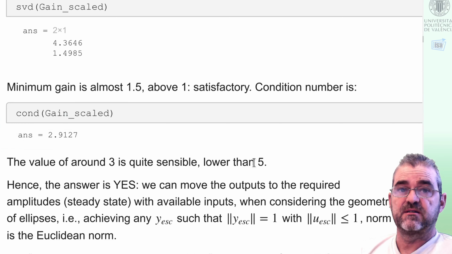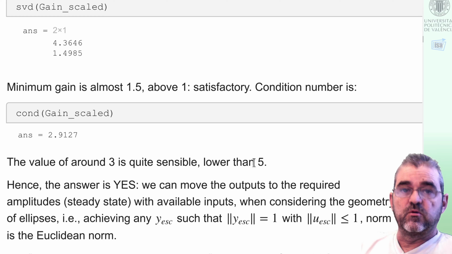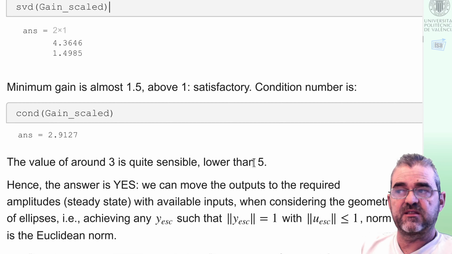So in this case, we end the video here stating that we indeed can solve our problem of moving the desired variables in a desired range or even more while not hitting hard limits on my manipulated variables, because the minimum gain is 1.5 in scaled units, and we can do it with sensible robustness guarantees given that the condition number is 2.9.